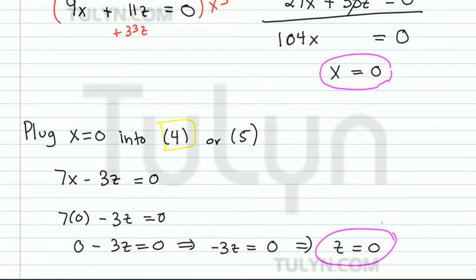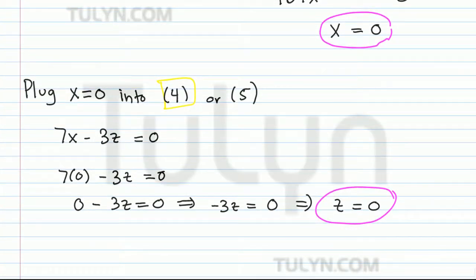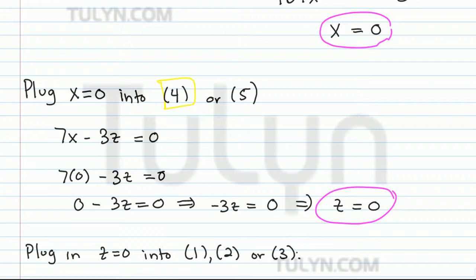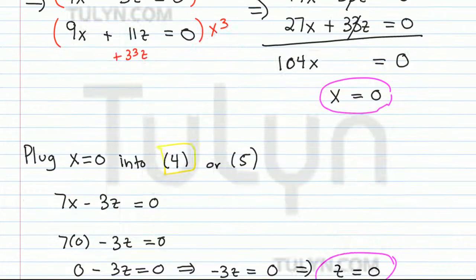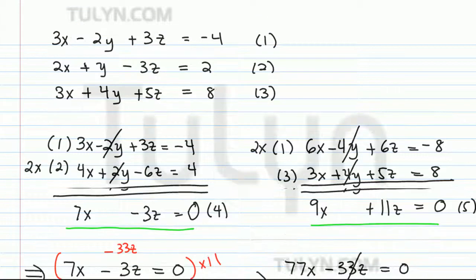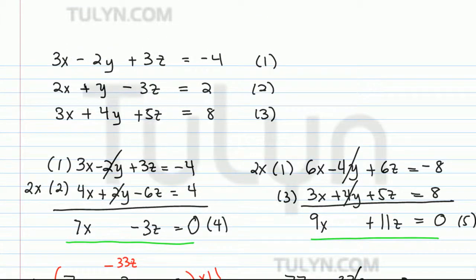So now we have x is equal to 0 and z is equal to 0, and now we have to solve for y. The way we do that is to plug these values into any of the original 3 equations, so equations 1, 2, or 3. Let's take a look at the original equations. What we generally want to pick is the equation that's going to cause us the least amount of trouble, generally the equation with the smallest coefficients.